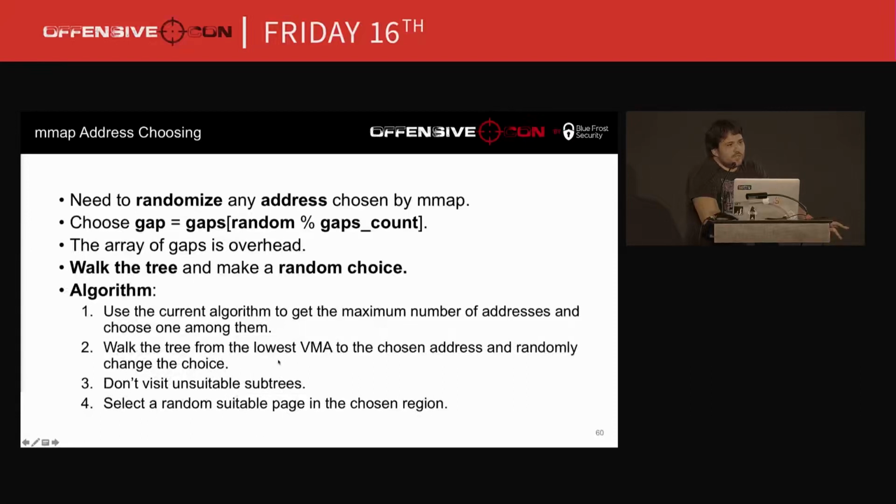To avoid this and not spend a lot of kernel time, I just made a random choice. I used the current algorithm to get the max suitable address, and I start to walk the tree from the lowest address and randomly choose suitable regions. That's how I choose a really random region and take some page in this region.